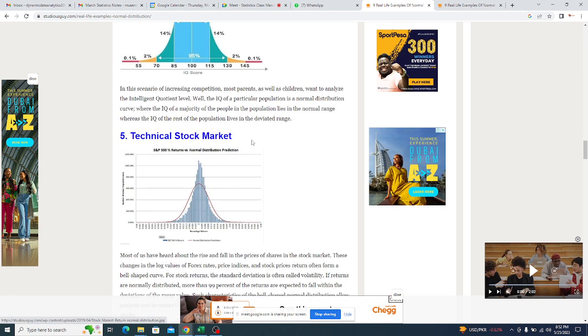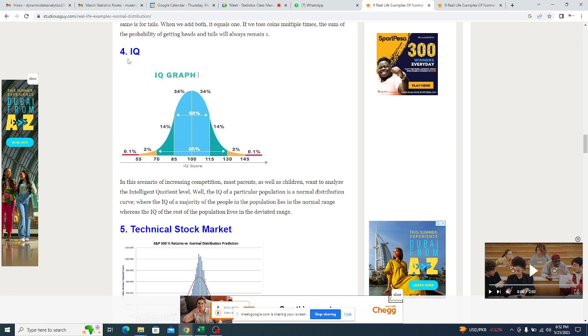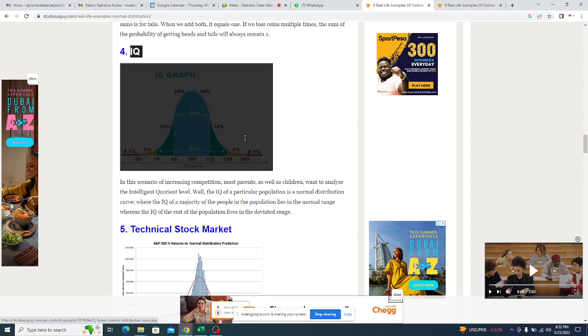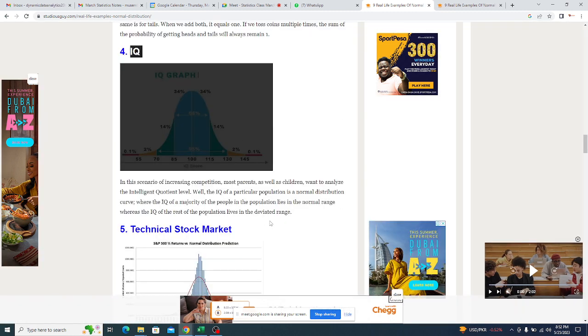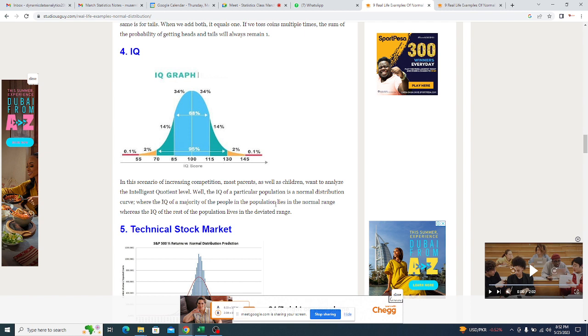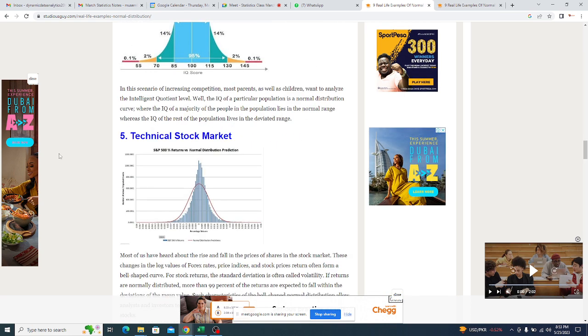In fact, in our example, we'll use the IQ range, and see in a population, if we collect the IQ of people, how they are normally distributed.